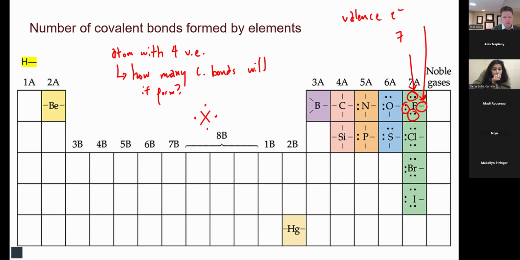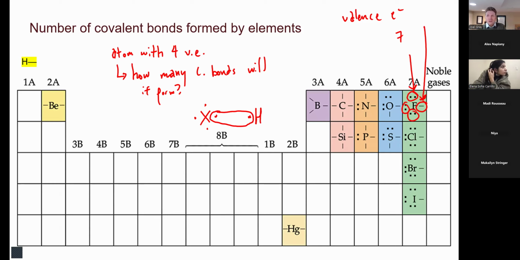So now, let's say that we have Y as an atom with 1 valence electron. Actually, you know what? I'm not going to go with Y. I'm just going to go with hydrogen. Hydrogen, we know, has 1 valence electron. X is going to see this and say, hey, we should share.